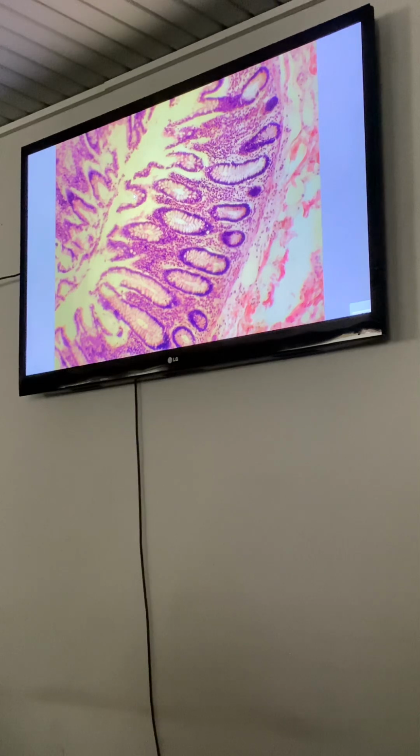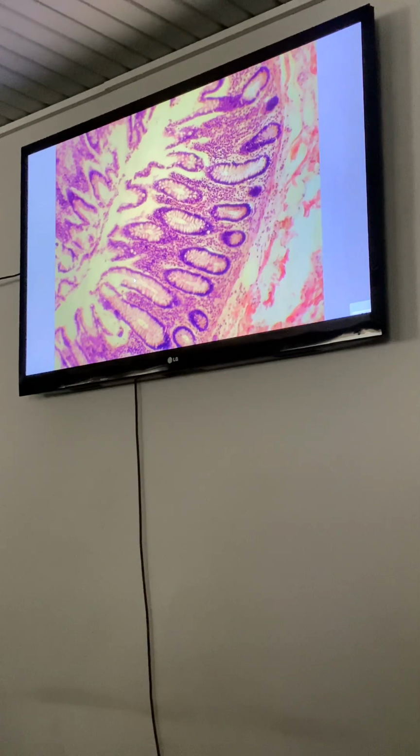This slide is a section in the large intestine. We can see simple tubular glands. The lining epithelium invaginates toward the connective tissue, forming intestinal glands, which are simple tubular glands.